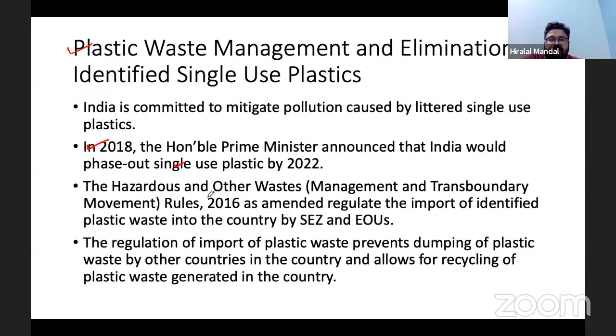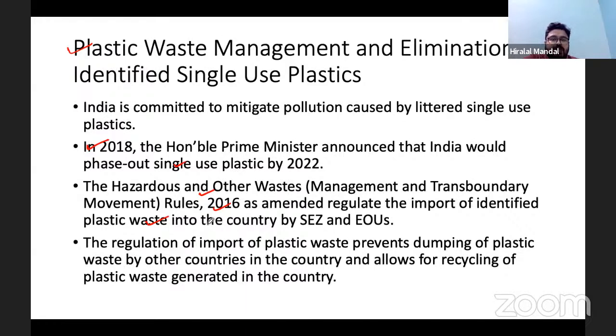And in fact, in order to materialize that commitment, the government has passed the Hazardous and Other Wastes Management and Transboundary Movement Rules 2016, and the amendment was done. Under the amended provision, it regulates the import of identified plastic waste into the country by special economic zones and others.